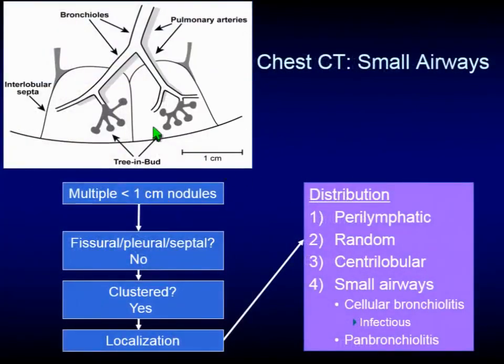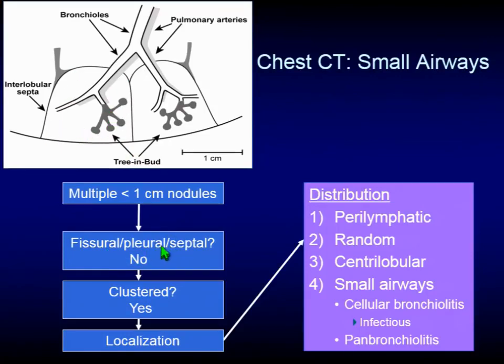Now, if we go back to our diagram, unlike the perilymphatic pattern of nodules, these nodules are going to be air-spaced or maybe ground glass, but overall carry slightly more density. They are clustered, but not on a lymphatic surface, rather within the secondary lobule itself.